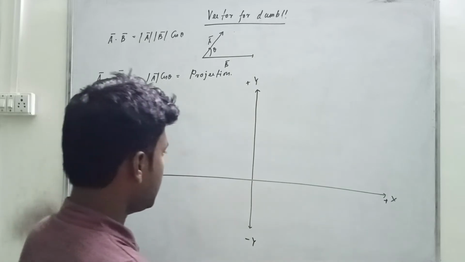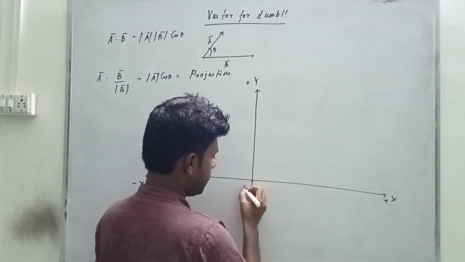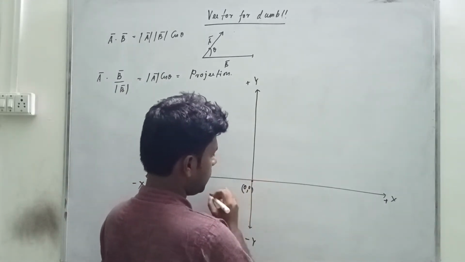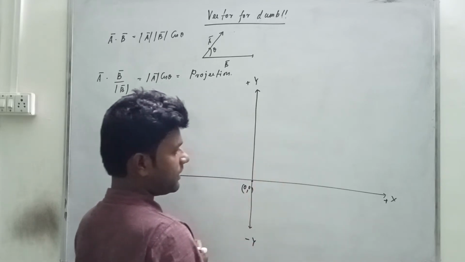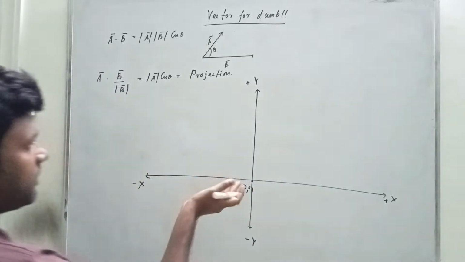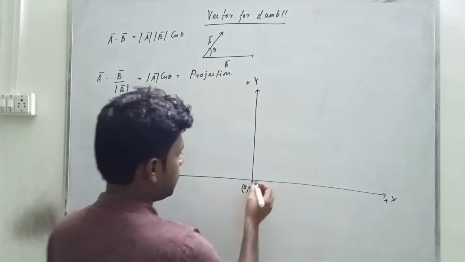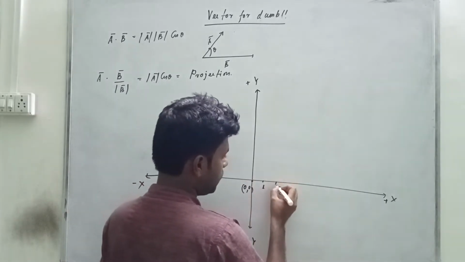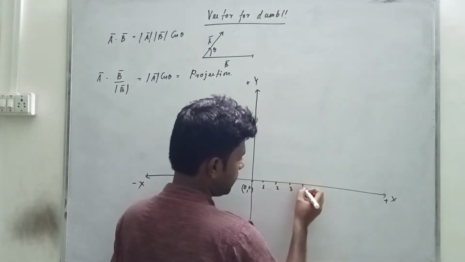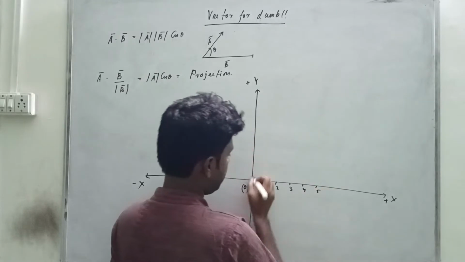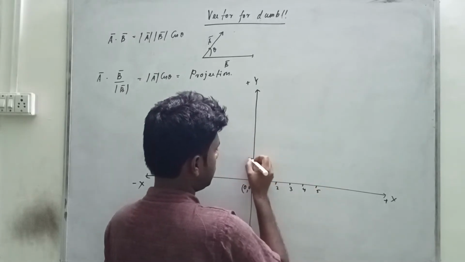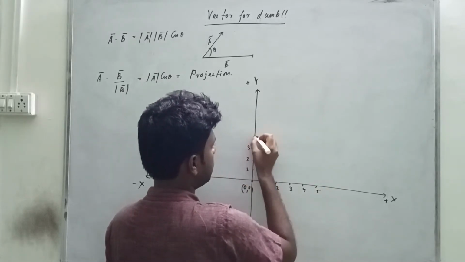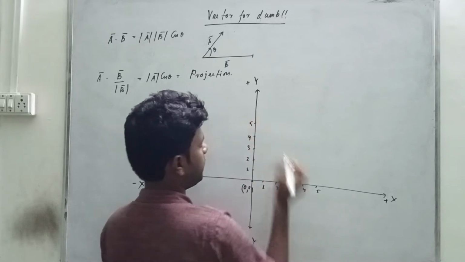It is the origin, 0, comma 0. And if you scale these two axes, the x-axis and y-axis, it's 1, 2, 3, 4, 5.